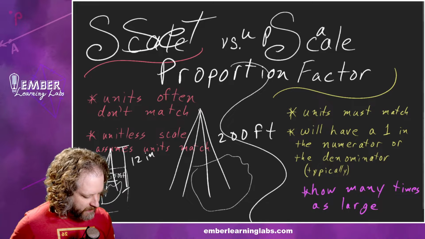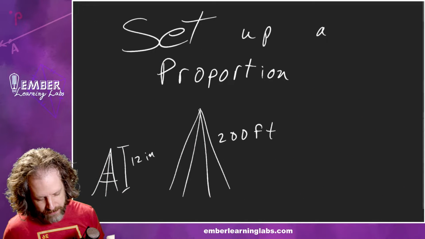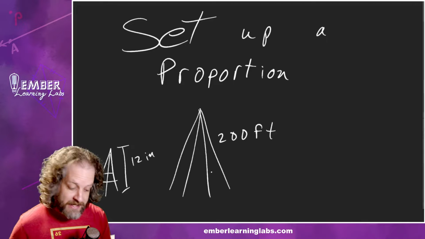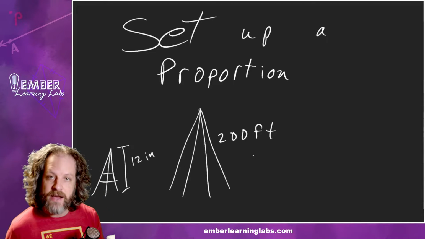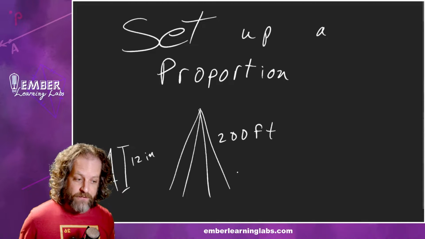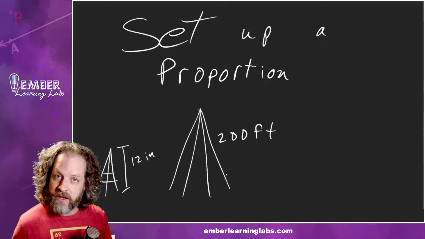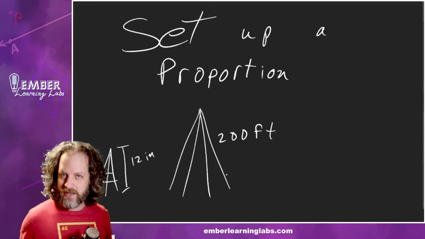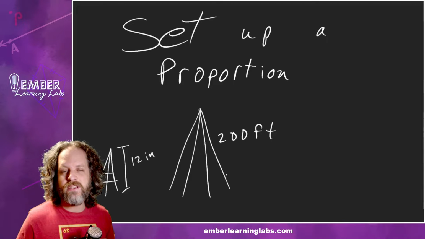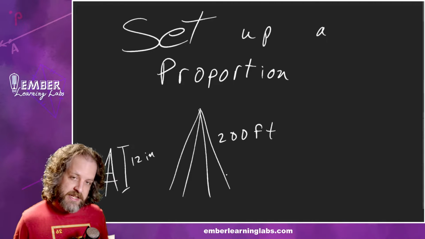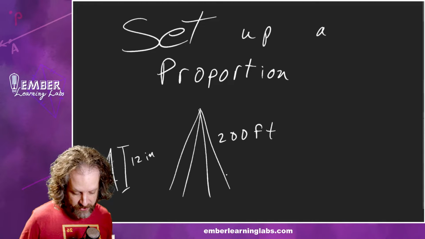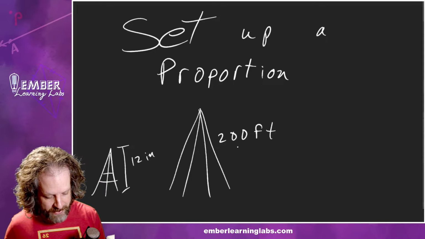So in this kind of pseudo talked-through example, if we were trying to find out how many times as large this was, then we'd have to make the units match, right? If we were trying to find the scale of this, we could make a unitless scale, which can be quite useful. And a unitless scale, like I said a minute ago, is often called the scale factor. If you did that, then you'd have to make the units match.